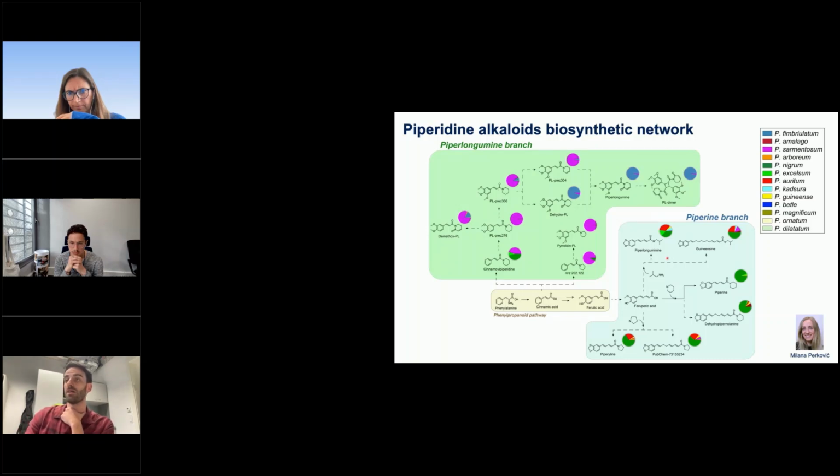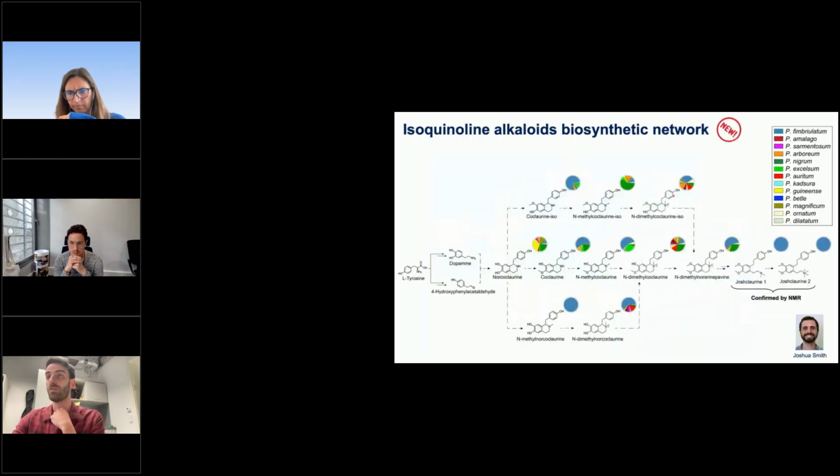And same story for the isoquinoline alkaloid network, where we found several members of this alkaloid class, and many of them are present in all the analyzed species, whereas others are very specific to one, like these two guys here, are very specific to one single species out of the 13 species we analyzed from the same family.